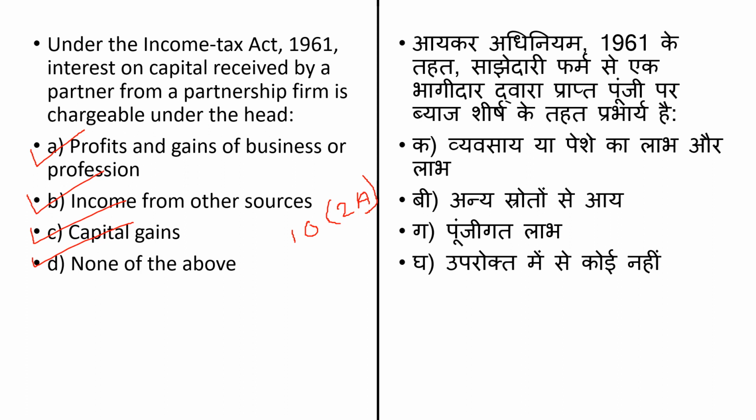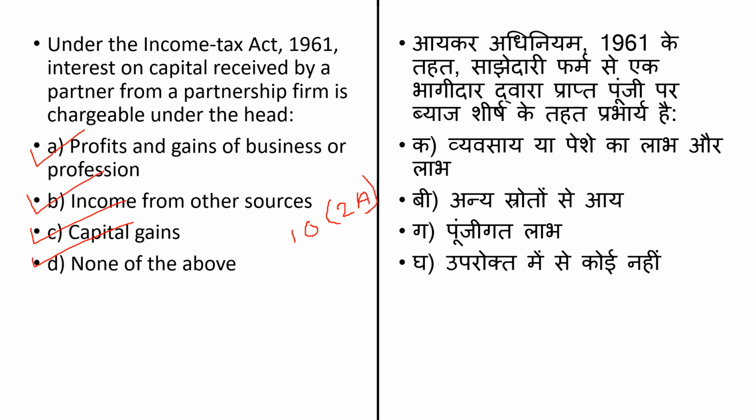Any interest, salary, bonus, commission or remuneration by whatever name called, due to or received by a partner of a firm from such a firm, to the extent allowed under Section 40 clause B, is taxable under the profits and gains of business or profession.